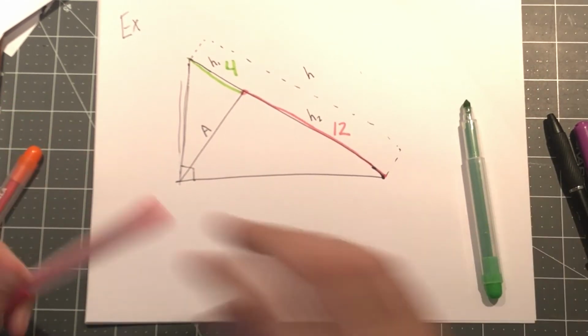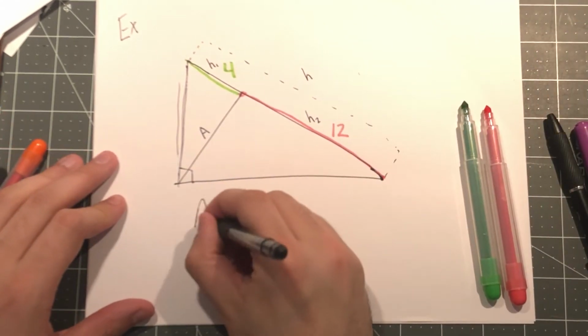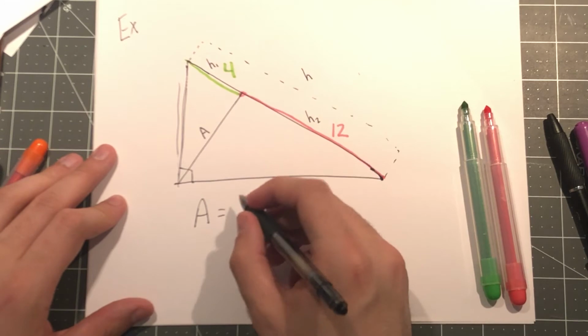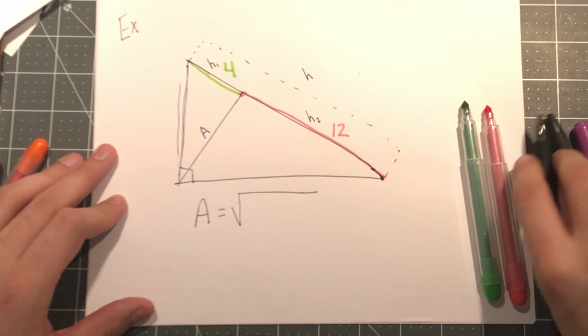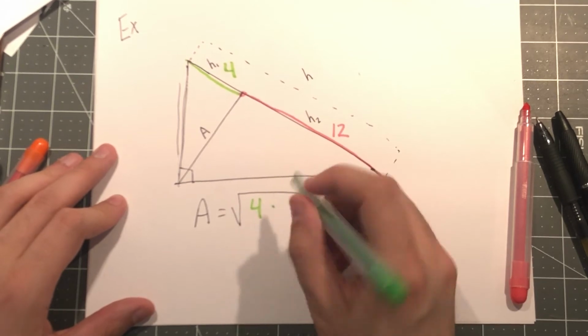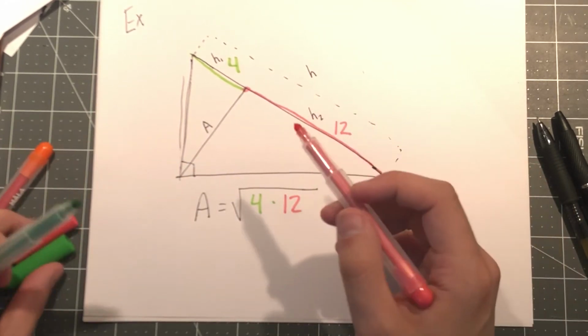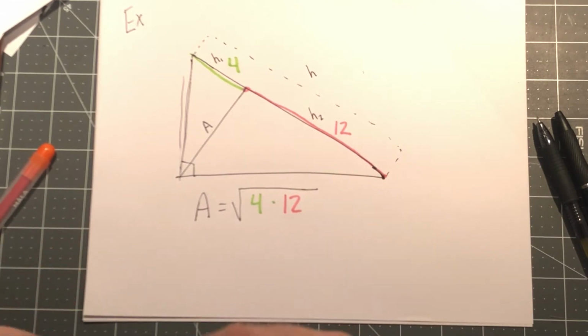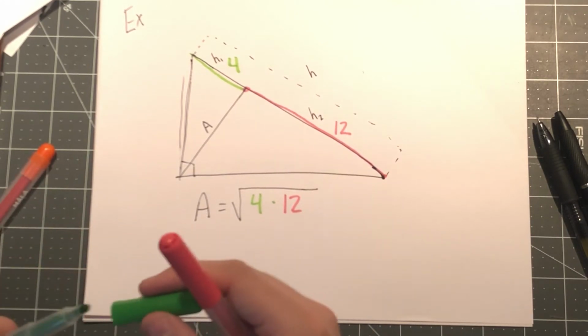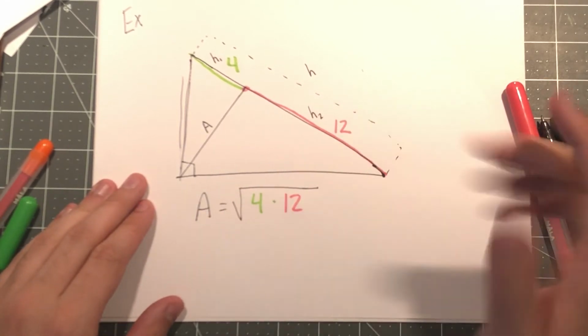So all I have to do to find the altitude is this. It's going to be the square root of 4 times 12. Once again, it is the geometric mean of those two pieces. And the geometric mean is multiply the two numbers together and square root it.